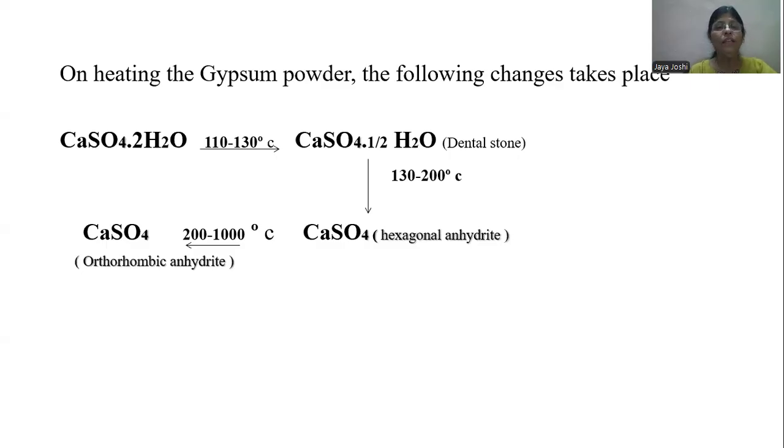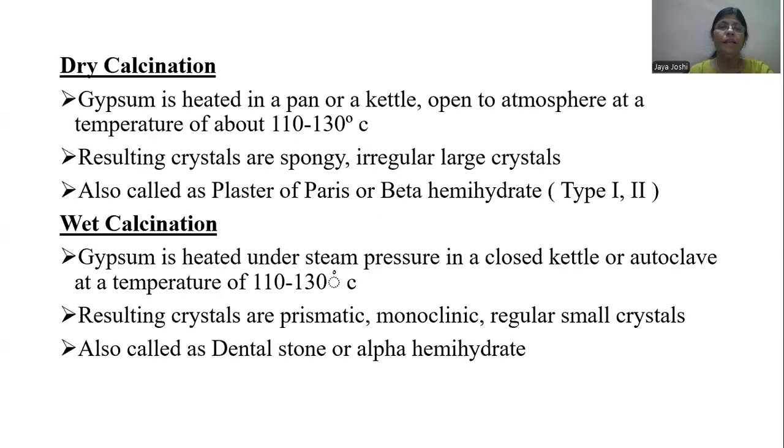If it is further heated to 1000 degrees centigrade, then the resulting crystals are of orthorhombic anhydrite, which is an insoluble type of anhydrite. So this is the heating cycle, and we are interested in the first part, that is heating the calcium sulfate dihydrate at the temperature from 110 to 130 degrees centigrade.